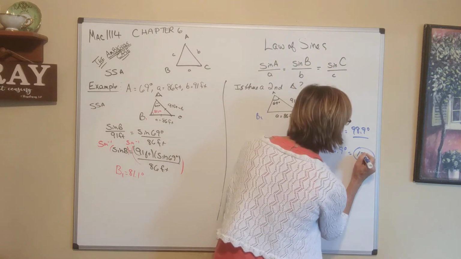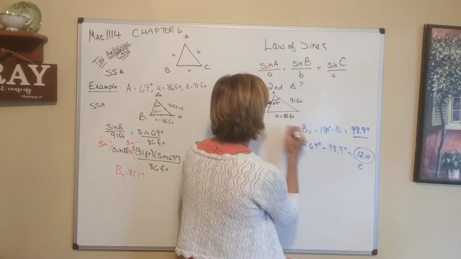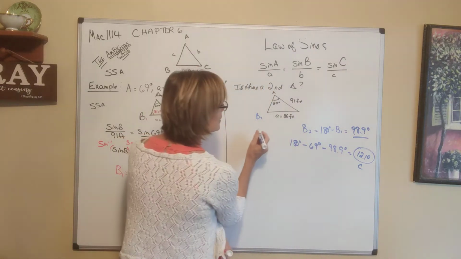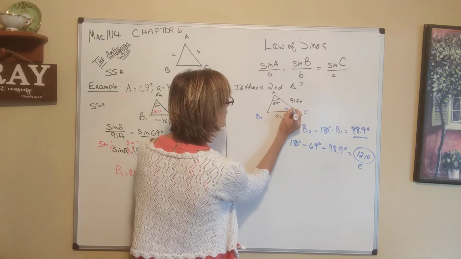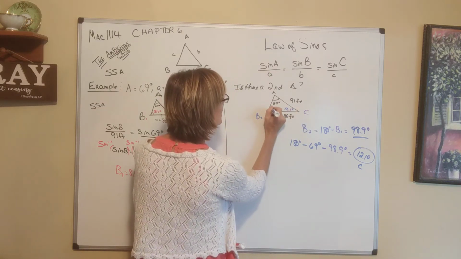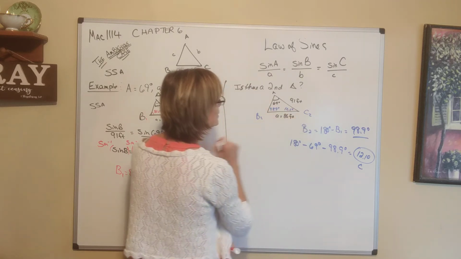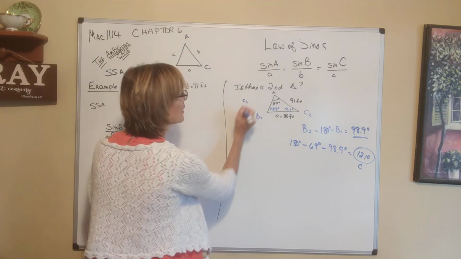That means this is angle C, and that this is B2. So a second triangle exists. Let me label that. Then C is going to be 12.1, B2 is 98.9. And if I want to say this is C2, because this is the second one, then I'm going to find this little c2.